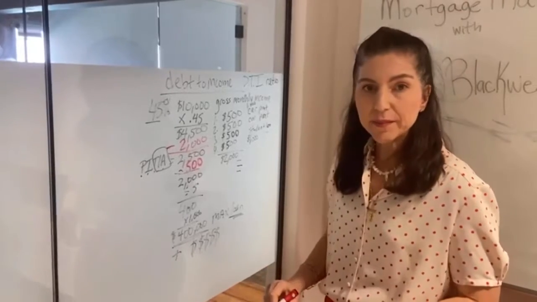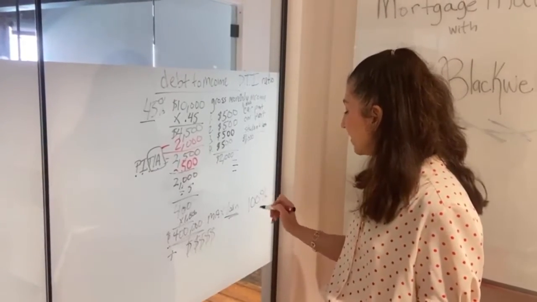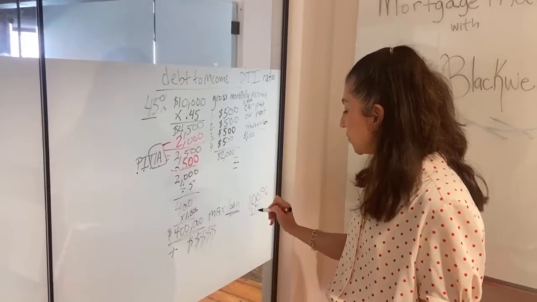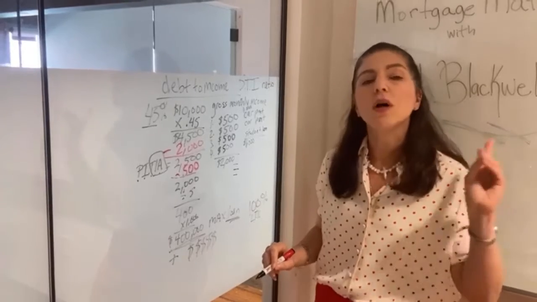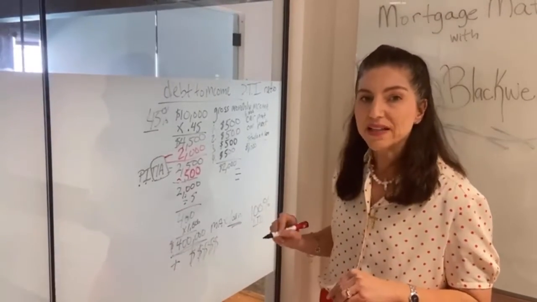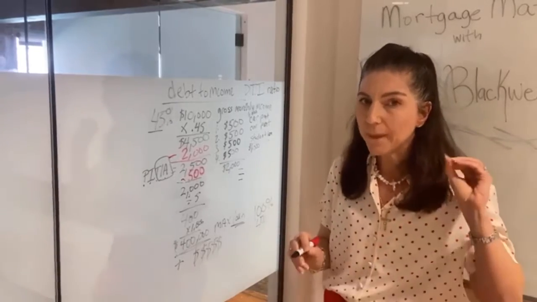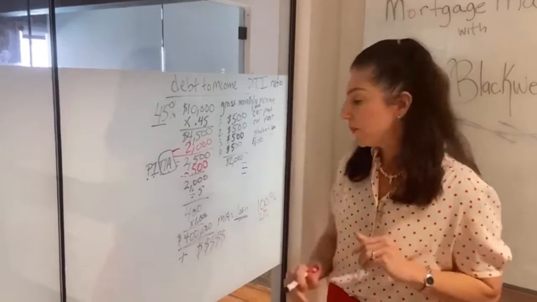Some loan programs may qualify you at 100% loan to value. And if you missed our previous topic on loan to value, please go back and watch it, because the loan to value is based on the lesser between appraisal price and your purchase price, okay?